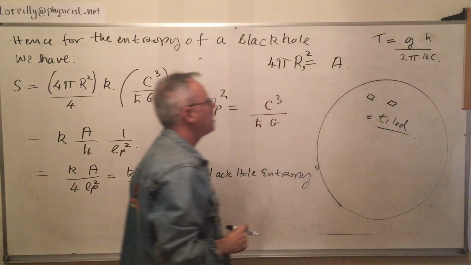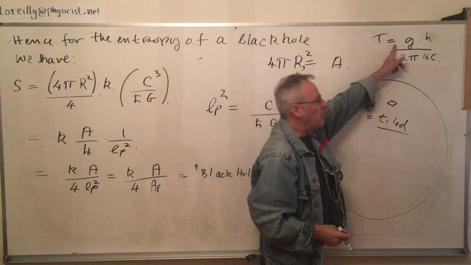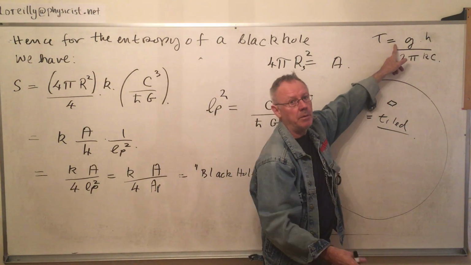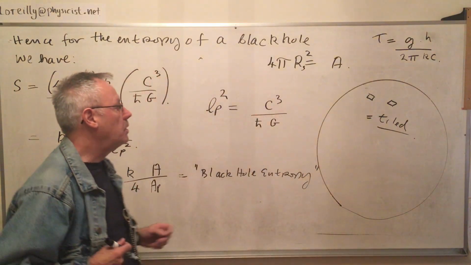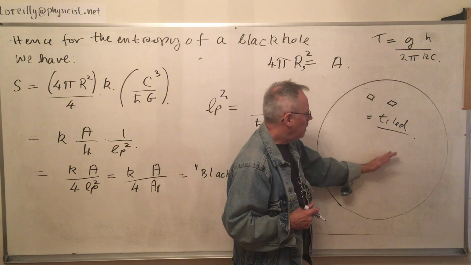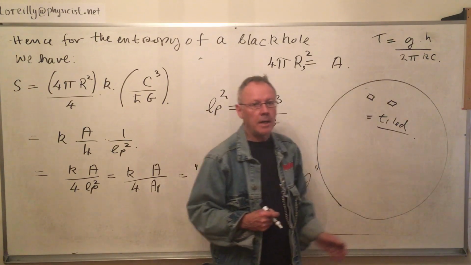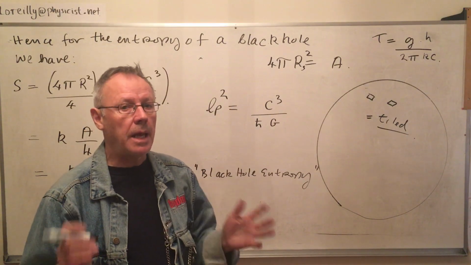The Hawking-Unruh temperature. Oh, by the way, the Hawking formula and the Unruh temperature formula are the same. In other words, Hawking radiation is emitted at the same temperature as the Unruh. It's the same thing. So this sphere, the surface of it is going to be tiled because you cannot get smaller units of area than the Planck area.